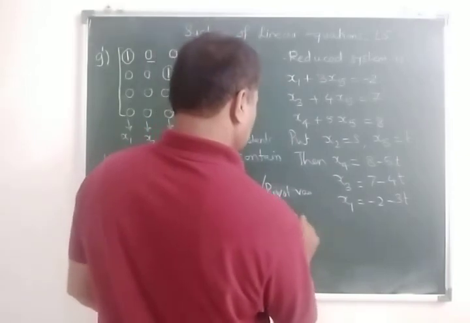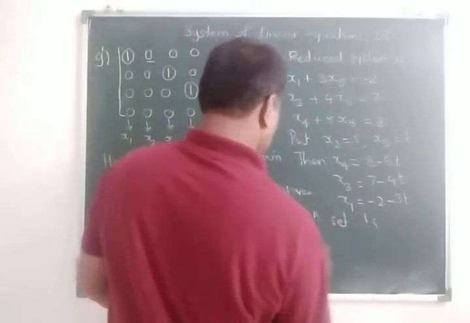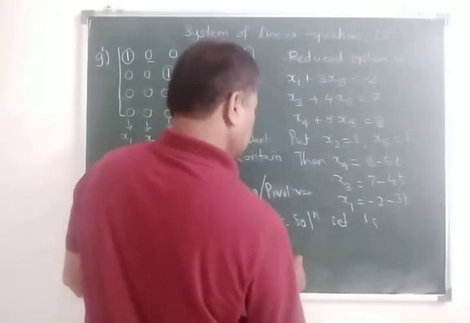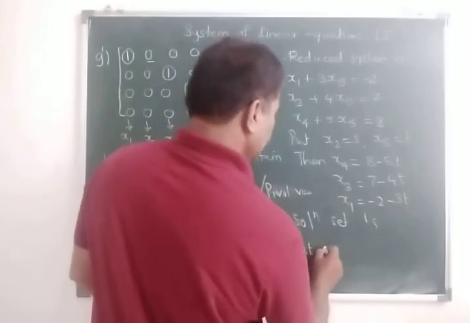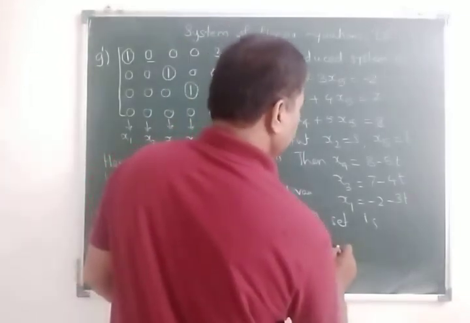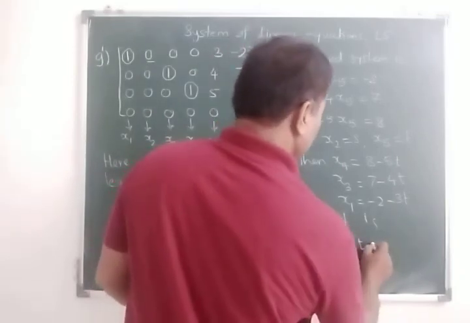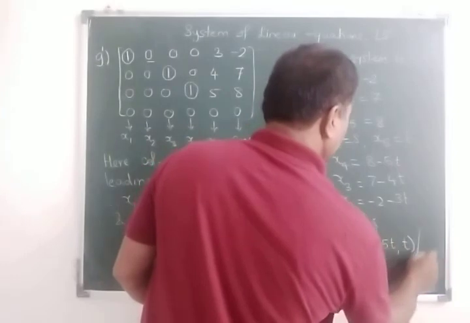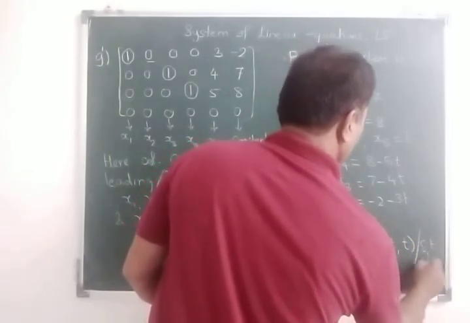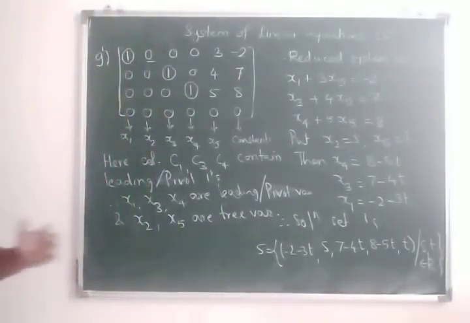Solution set is, say, S is equal to x1 is minus 2 minus 3t, x2 is s, then x3 is 7 minus 4t, x4 is 8 minus 5t, then t, such that s, t belongs to R. So this is my solution set of the system.